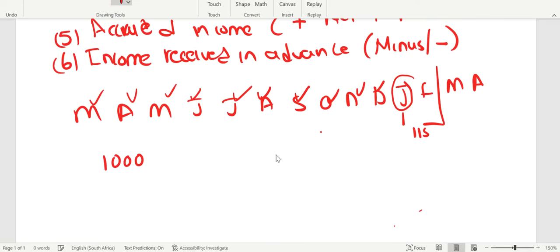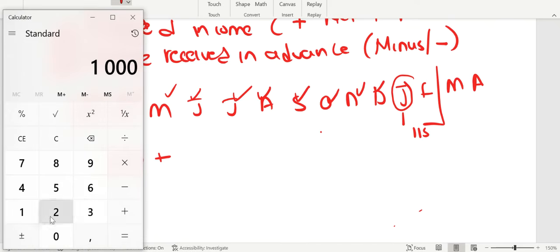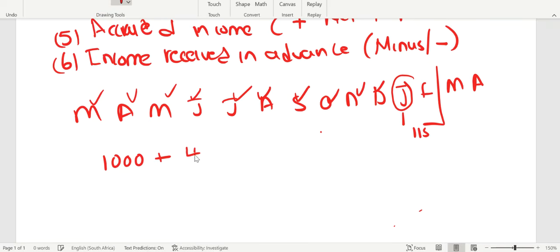Then from there we are also going to add 115 for the 4 months that we are talking about. 115 times 4 is equal to 460. So we're going to add this, plus 460, and then we will have 1,460.